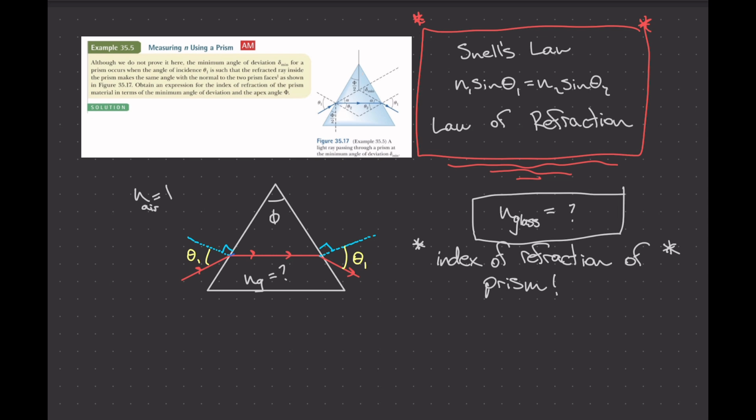So this dotted line looks like it's a continuation of this light ray. And they call this angle here alpha. Then we have a continuation backwards of this light ray, like that. I don't know if this is perfectly symmetric, but they call this alpha as well.